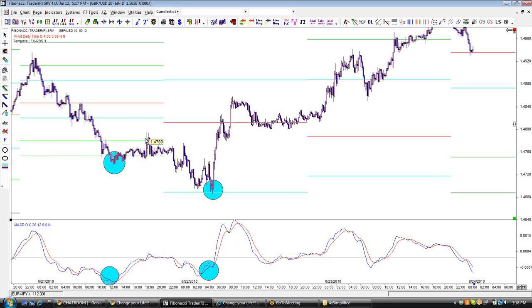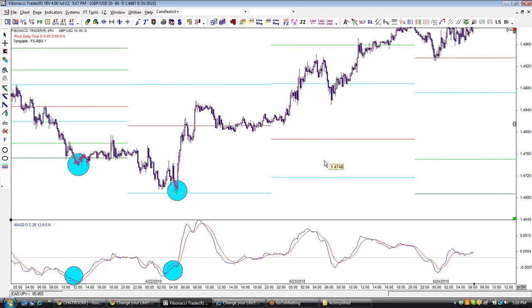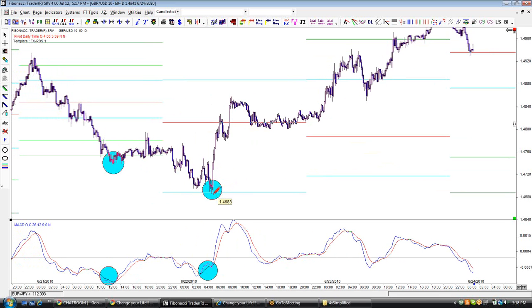But even though there were a few swings in this case, you can still see that price did reverse the trend. And this is what MACD divergence does. It kind of predicts when there will be a trend reversal.